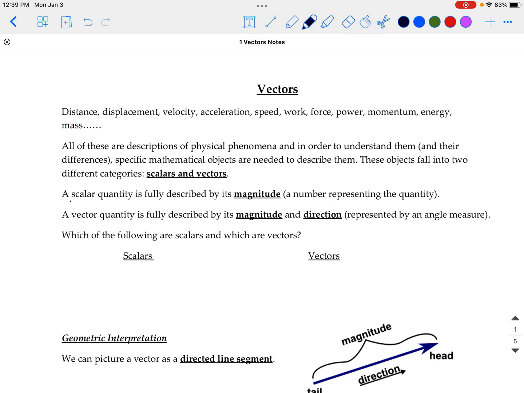A scalar quantity is simply going to be a number, something like speed. If I say I'm going 45 miles per hour, that is telling you the speed at which I'm moving. But it doesn't really tell you where I'm going, right? I'm moving with this particular speed, but in which direction am I going?